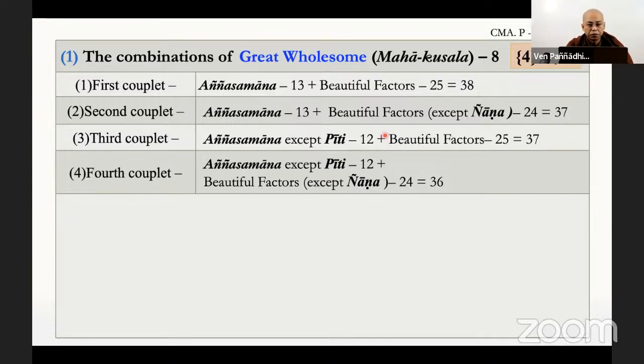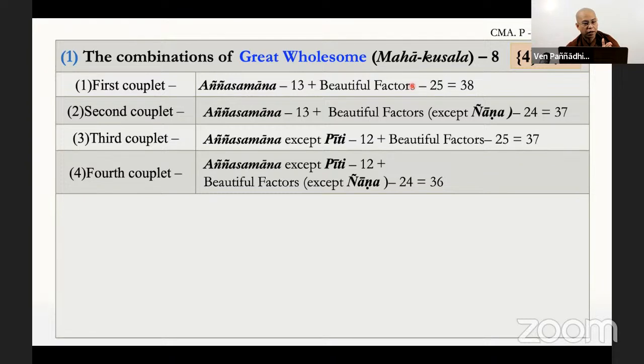And here, if you know the principle, let's consider the Mahavibhaga. So the first couplet, how many? 33. 33, because 5 will be an exception, right?